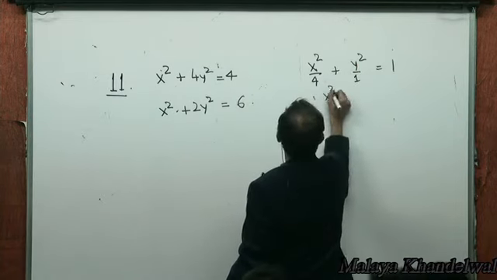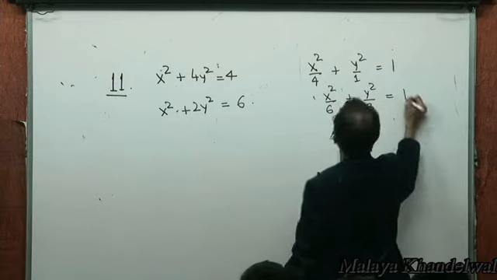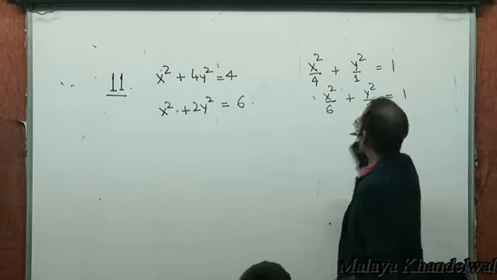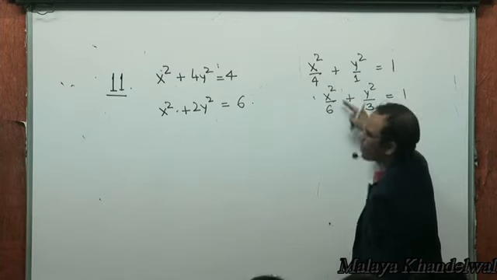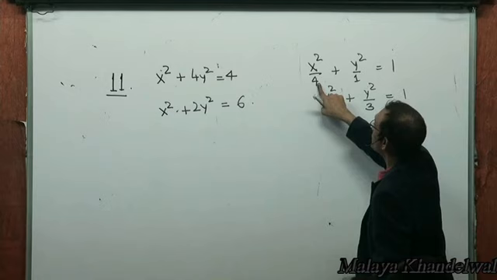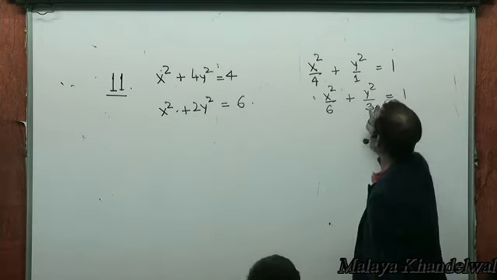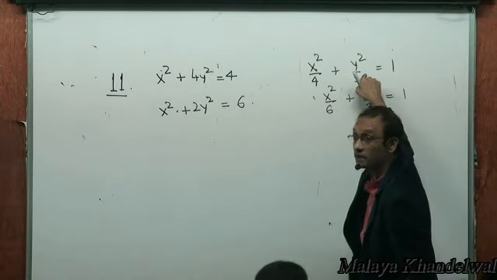This ellipse is x squared by 6 plus y squared by 3 equal to 1. Very clearly both have a common center 0, 0, but the major axis is more than the major axis of this, and the minor axis is more than the minor axis. So, this will be the outer ellipse, this will be the inner ellipse.